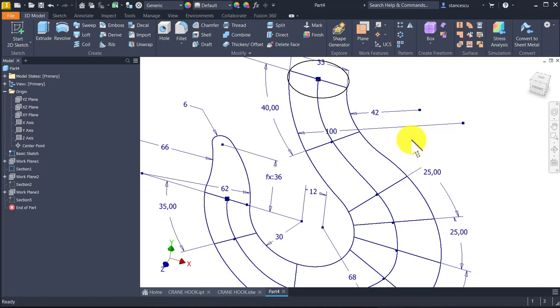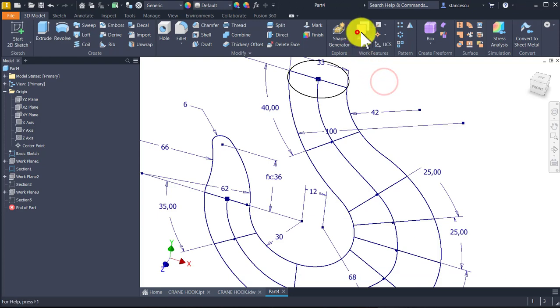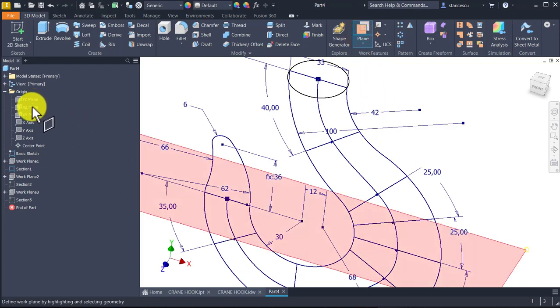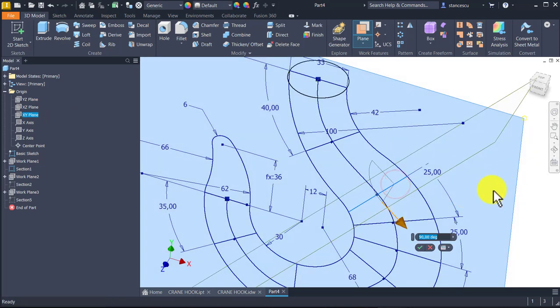You know the procedure, and I repeat, if I can do it at 78, then surely you can too. Plane XY, the third section, OK.